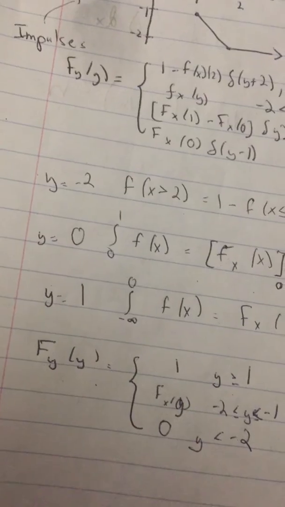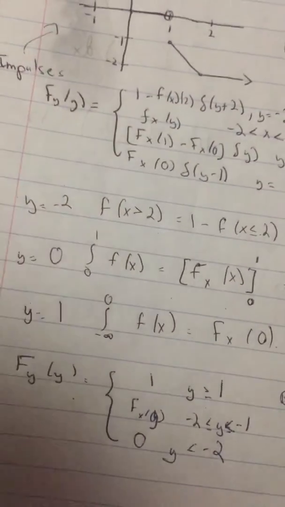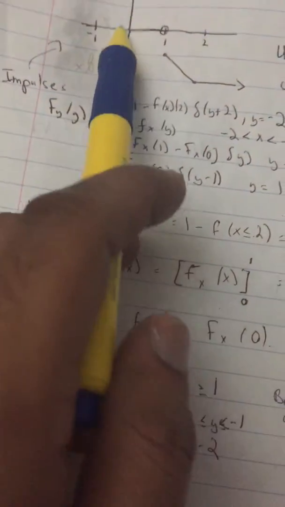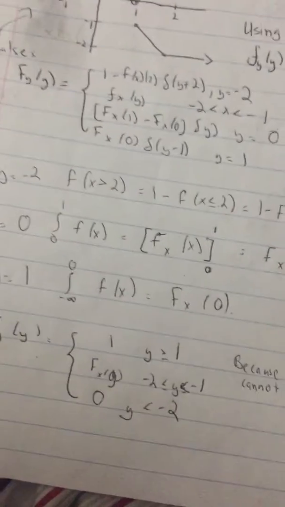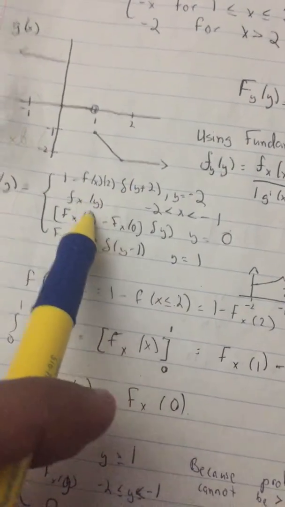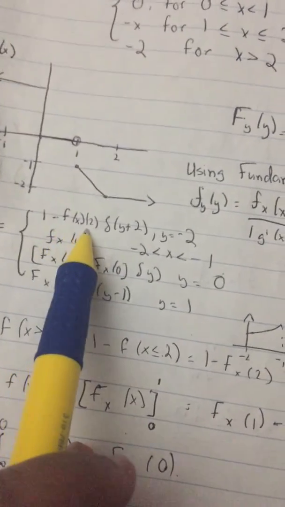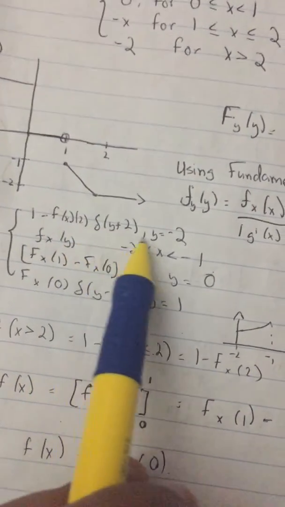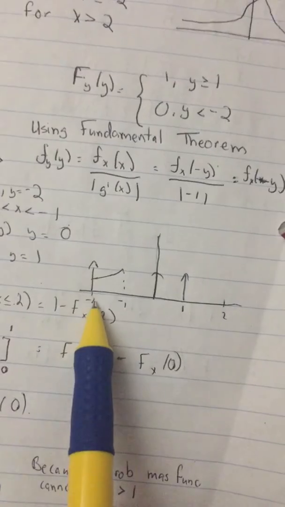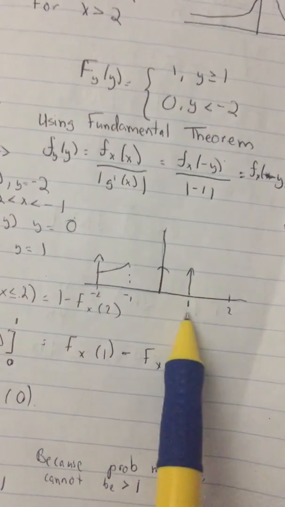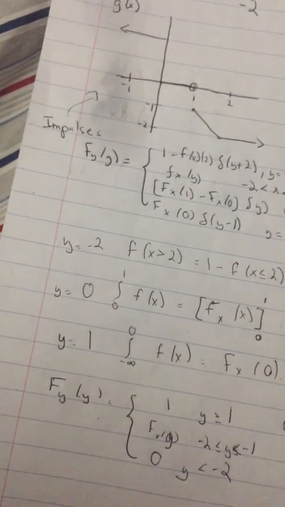When y equals 1, it goes from 0 to negative infinity of f of x, which is just F of x at 0. And now you can see how we got these intervals with the impulses right here, 1 minus F of x at 2, impulse with y shifted by 2, and this will be what the graph looks like right here. So these are impulses, these are just areas right there.